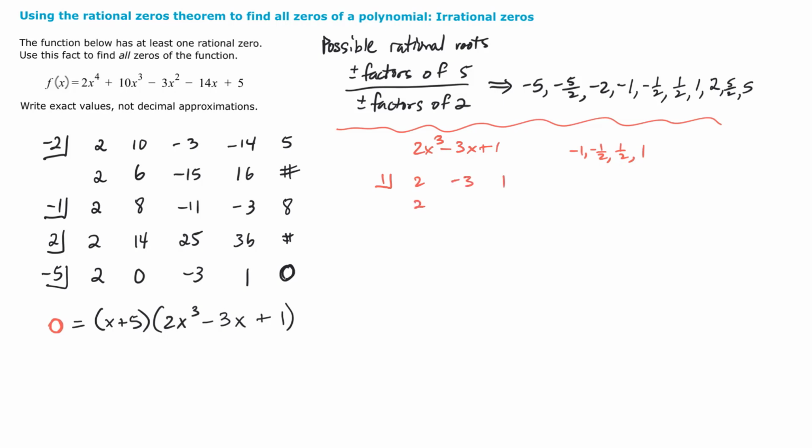Bring down the 2, multiply and add. Multiply and add again, we get 0. Ah, that's gorgeous. What does this translate to? 2x cubed minus 3x plus 1 now factors to x minus 1, and what do we have left? 2x squared minus an x.